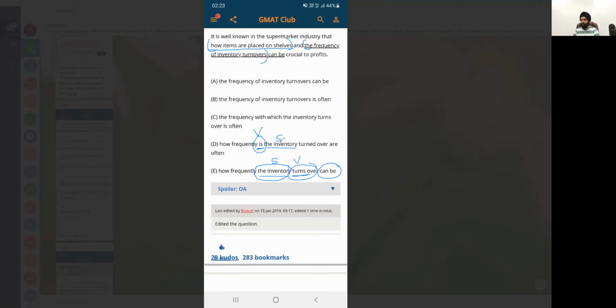Now this is wrong. In a noun clause, you cannot have a part or the entire verb before the subject. That is wrong.